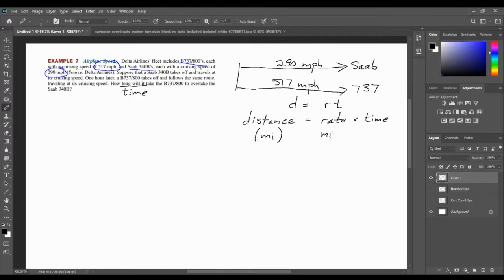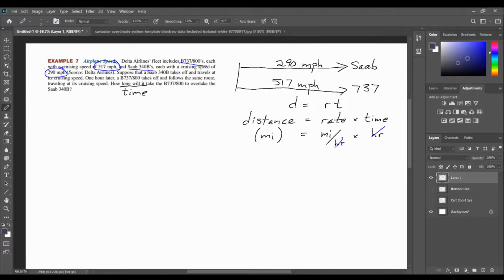Rate in this particular example is miles per hour. And if you multiply that by hours, we can see that the hours are going to cancel and we're left with miles. So it makes sense that miles equals miles per hour times hour. But that also highlights that we are going to need common units. So if we've got miles per hour, we'll want time in hours. Our distance will be miles and so on. We can do those conversions if we need to.